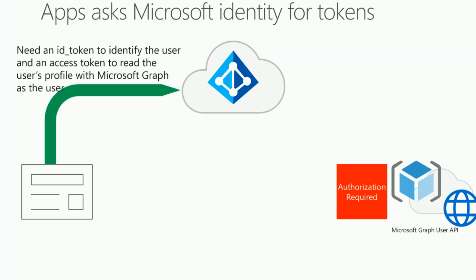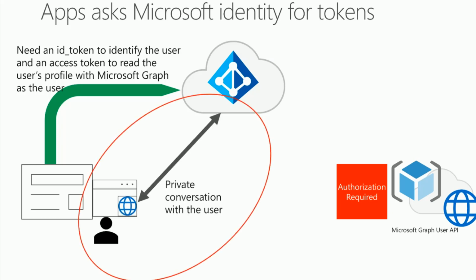So you make a request to Microsoft Identity. You might request, for example, I'd like to know who this user is. So under the covers, you're asking for an ID token. You're doing a login, and you ask for what we refer to as an access token in order to call the Microsoft Graph API. What happens then is terribly important to this concept of single sign-on.